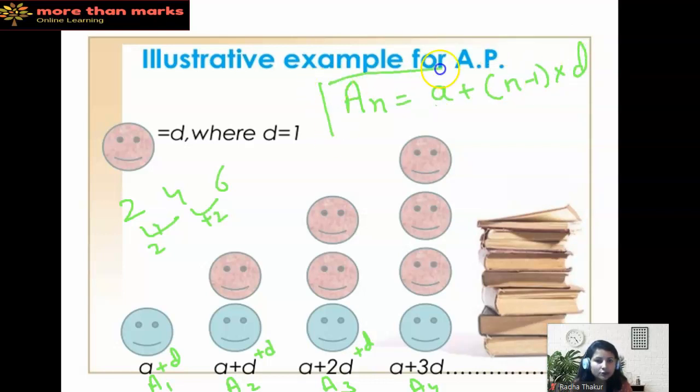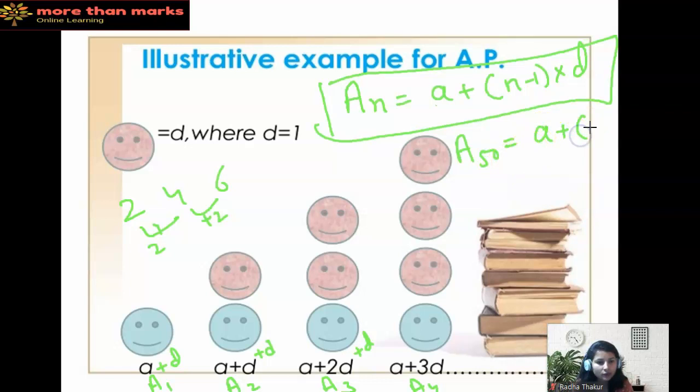So this is your first identity to find the nth term of the AP series, where a is the first term, n is the number of the term, and d is your common difference. If I want to write the 50th term of the series, then it becomes a plus n minus 1, n is 50, so 50 minus 1 multiplied by d, that is a plus 49d. It means 1 less than n.